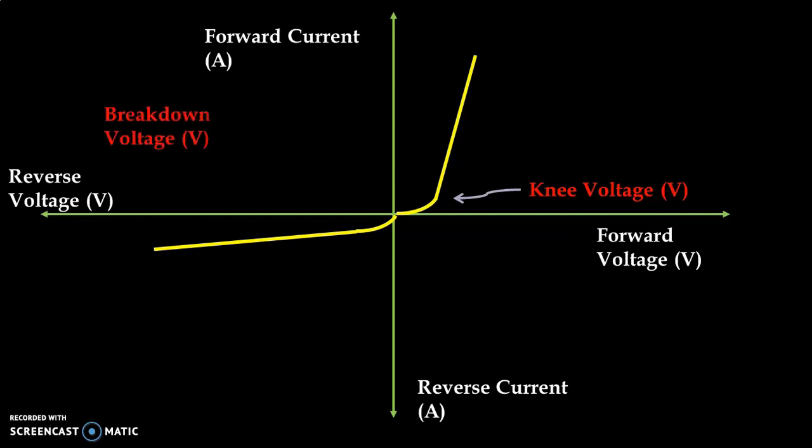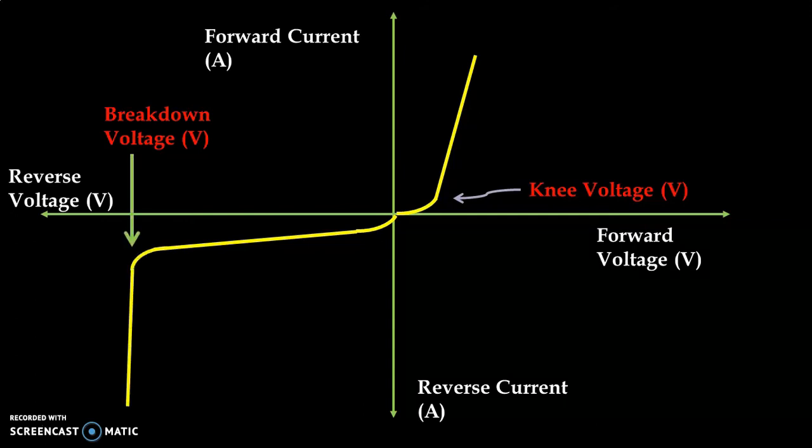But at a certain voltage, that is known as a breakdown voltage, that is known as a Zener voltage, Zener breakdown happens, and with a slight increase in the reverse voltage, current will start flowing. Now voltage remains constant, and this property of constant voltage we use for Zener diode.